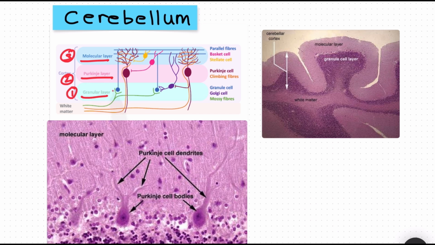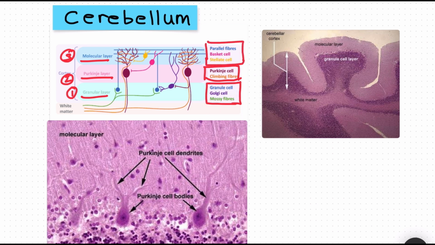So in granular layer, you can get granule cells as per the name, Golgi cells and mossy fibers. And in Purkinje layer, you will get Purkinje cells as per the name and climbing fibers. In molecular layer, you will get parallel fibers, basket cells and stellate cells.